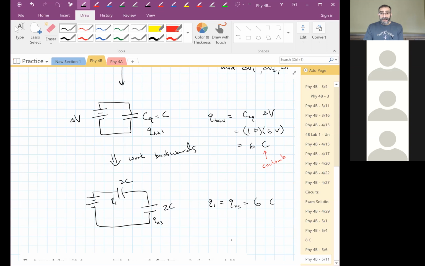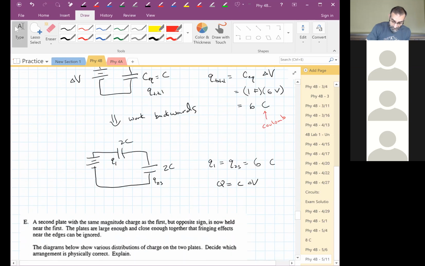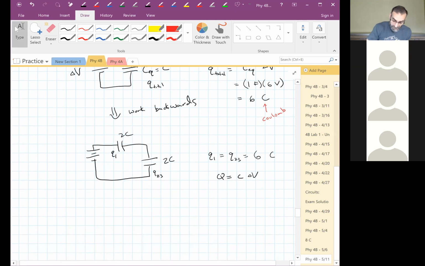Now we can figure out the potential difference across each one because we know Q equals CV. And we know the capacitance, and we know the charge.